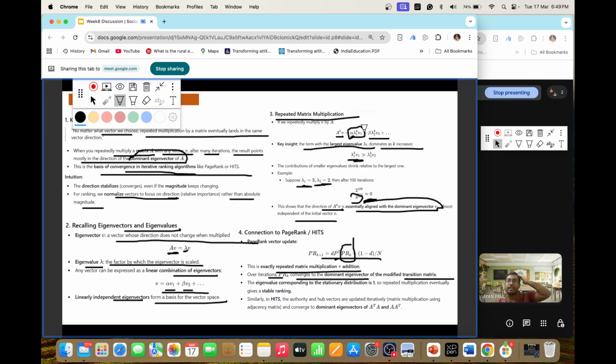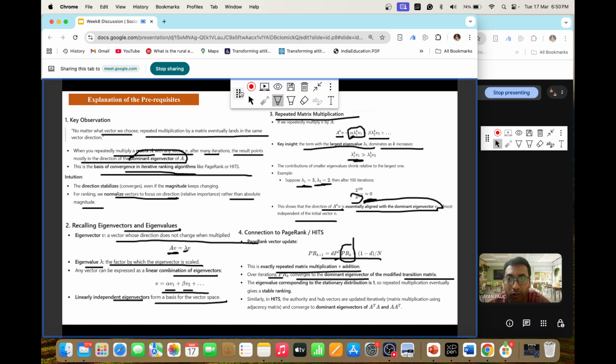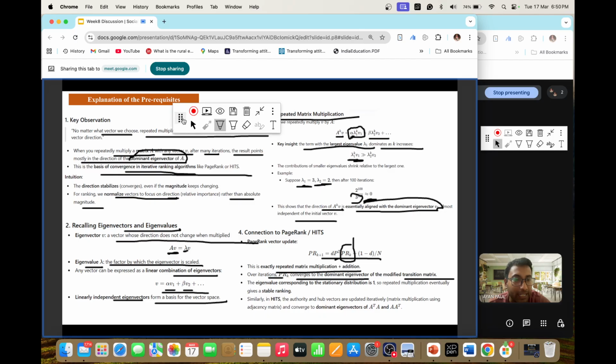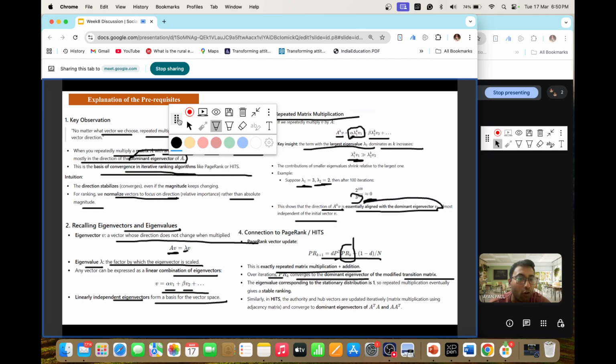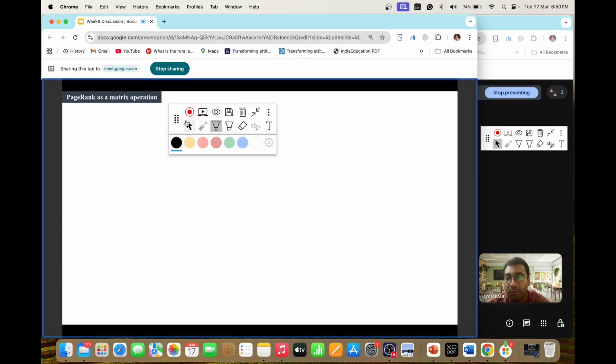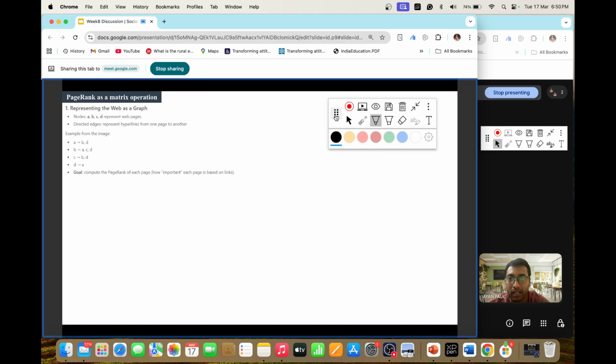After repeated multiplication, PR_(k+1) stabilizes, because it will have the effect of only one eigenvector. Okay, so this is the principle of repeated multiplication and addition of vectors, and this is how we can explain why things stabilize over time.